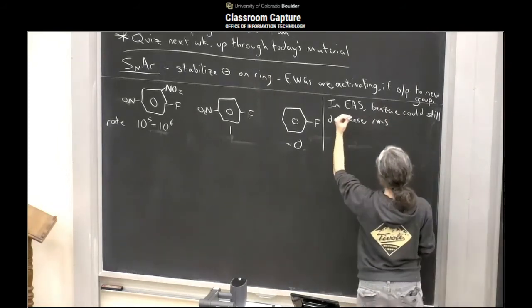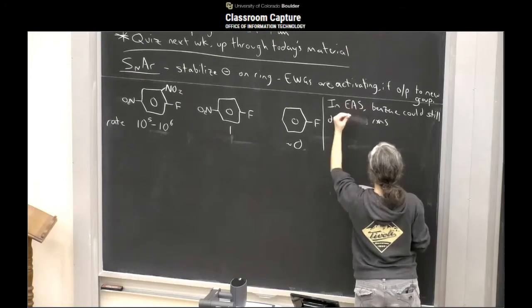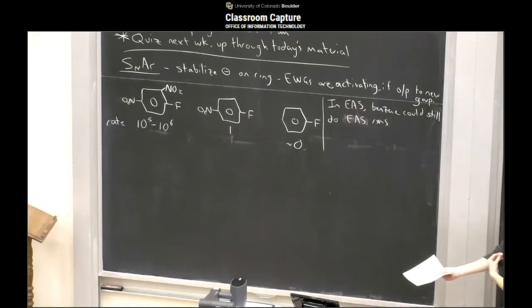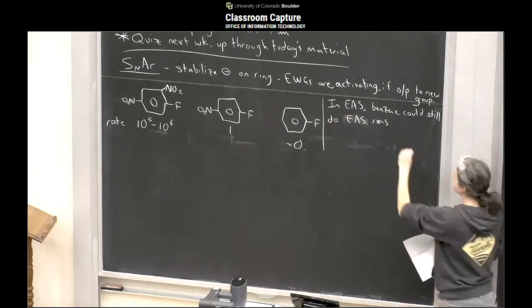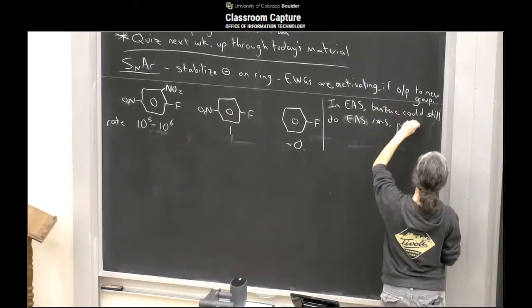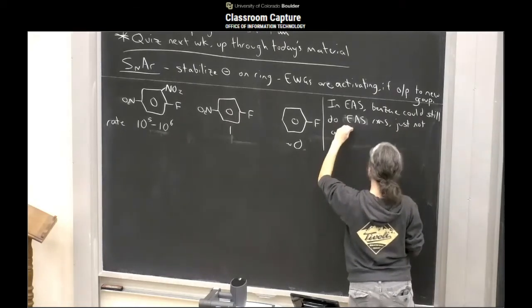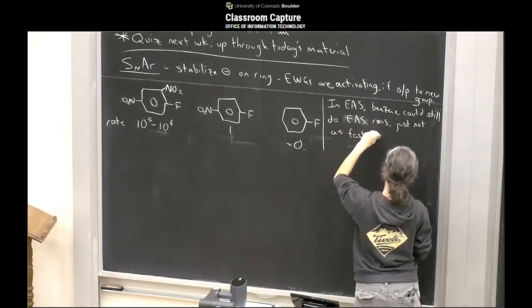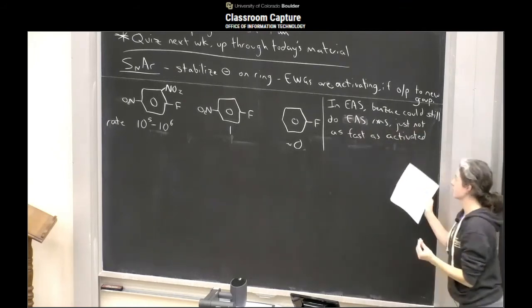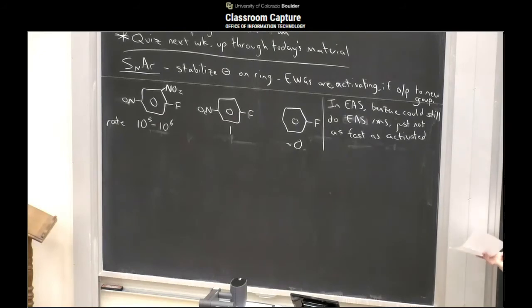When I say these reactions, I mean all of the EAS reactions, like Friedel-Crafts, nitration, all that. It just wasn't as fast as the activated ring, which in this context means groups with electron donating potential on them.